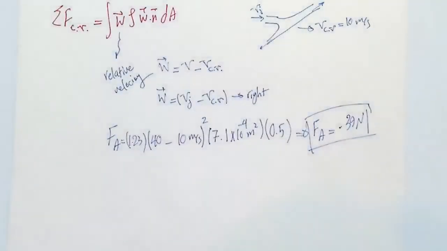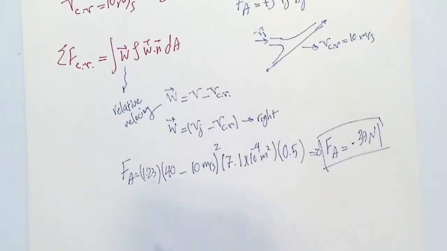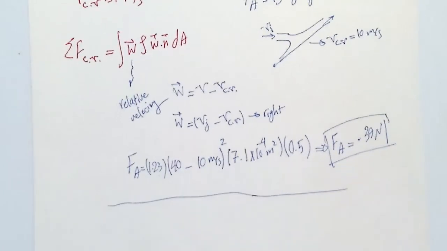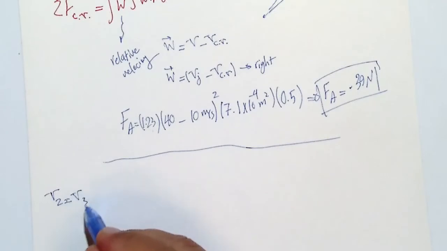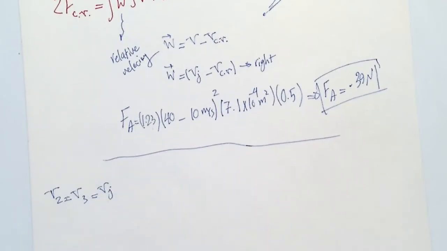How? Let's apply it. So what we have here in part C, we know that V2 is equal to V3, which is equal to Vj, right?